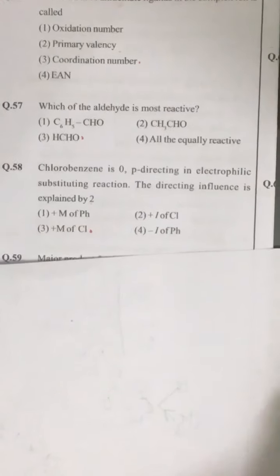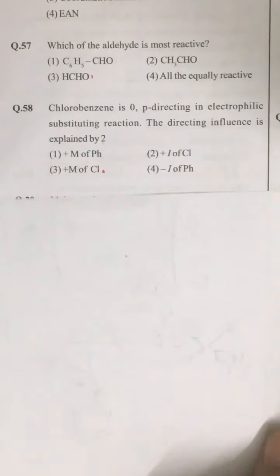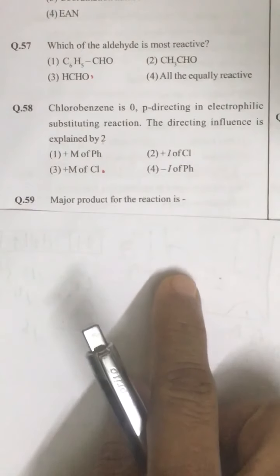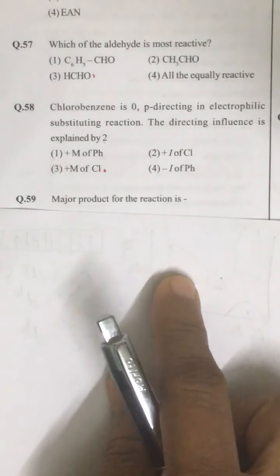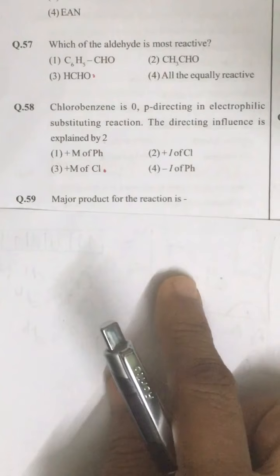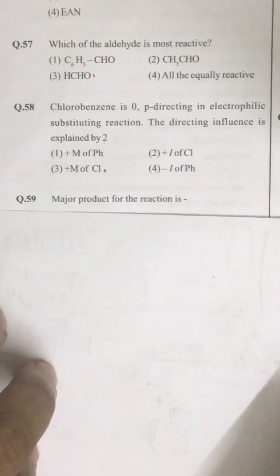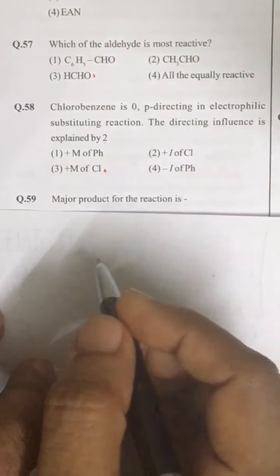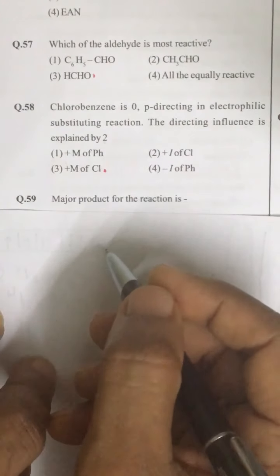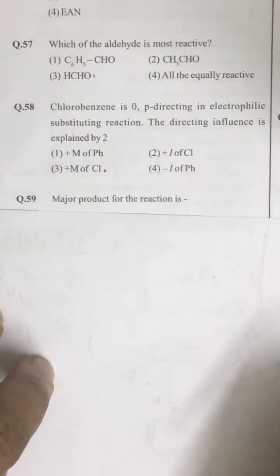Now look at question number 5.8. In question number 5.8, which of the following aldehydes is most reactive? Which aldehyde after 57, 58, the chlorobenzene is OP directing. Chlorobenzene is OP directing during electrophilic substitution.